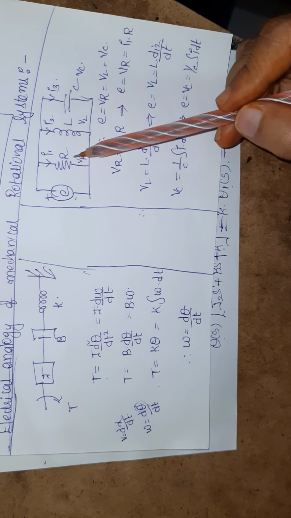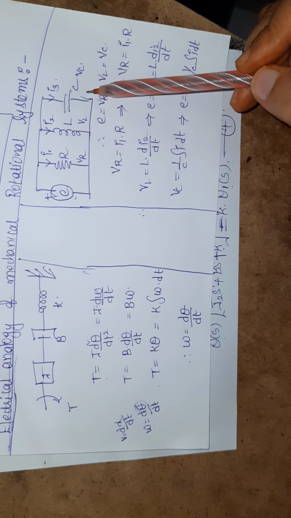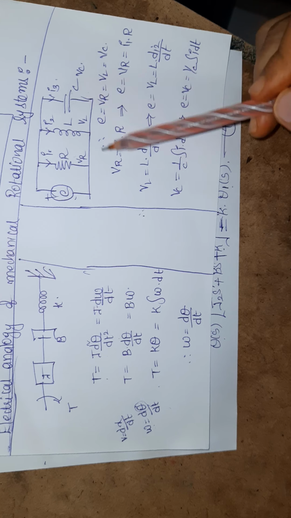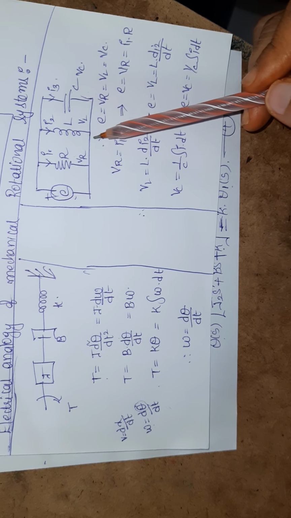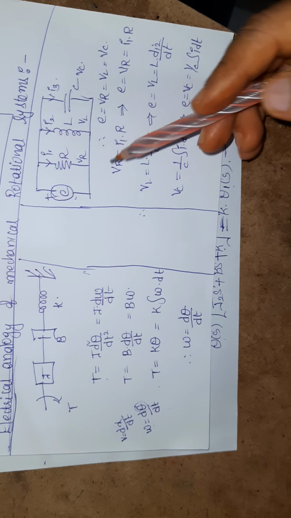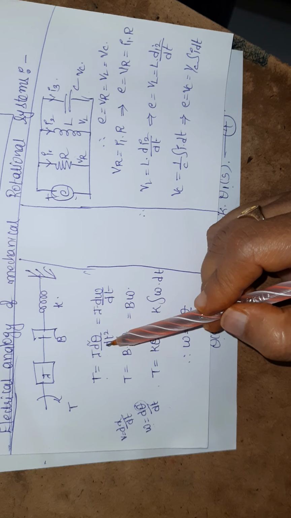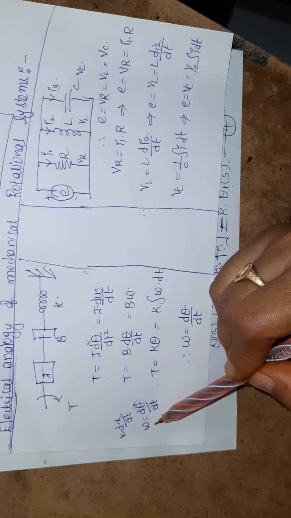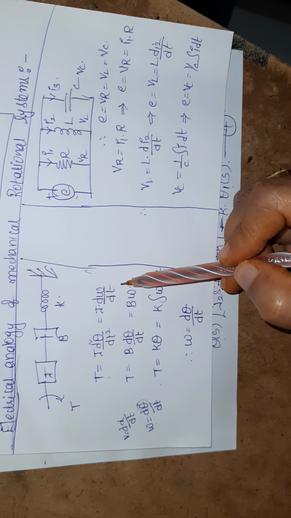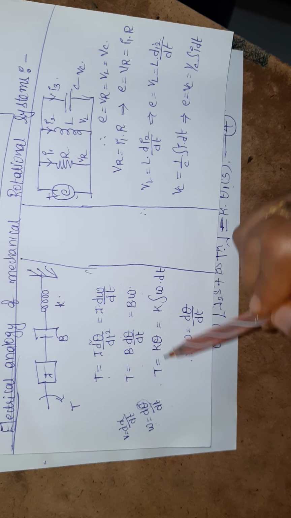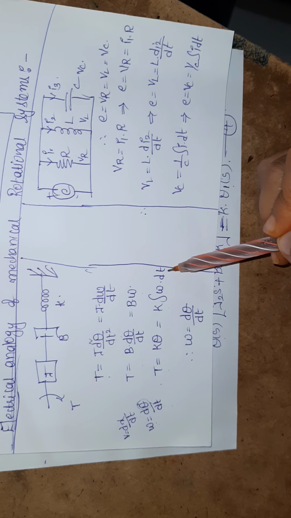So R, L, C, and I1, I2, I3 are the currents flowing through them. VR, VL, VC are the voltages across each component R, L, C. Here I have replaced d theta by dt with omega, so that I get T is equal to J into d omega by dt plus B omega plus K into integration of omega dt.